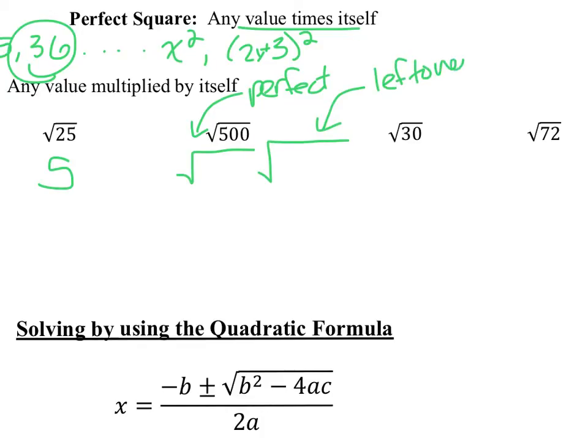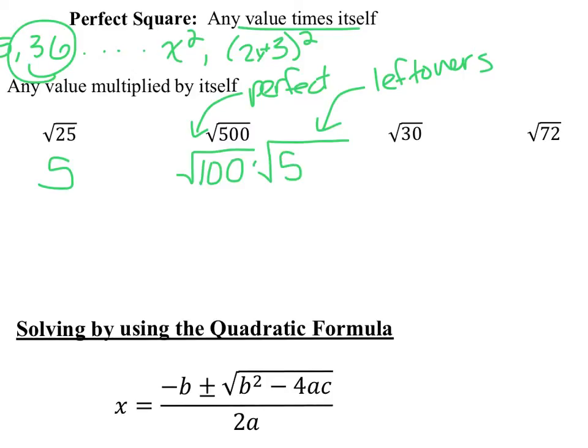The leftovers. So 500 has a lot of perfect squares in it, but we actually want the biggest. So the biggest perfect square that goes into 500 is 100.